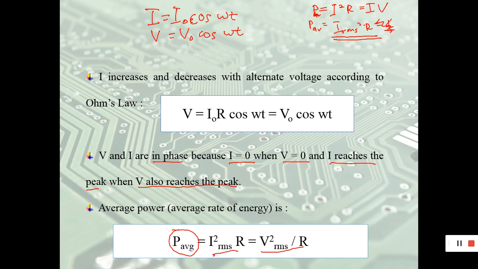And if you want to use IV, it will be I RMS times V RMS.